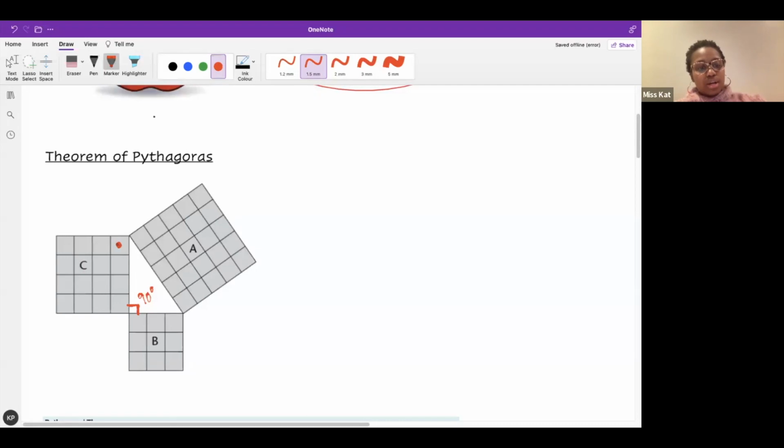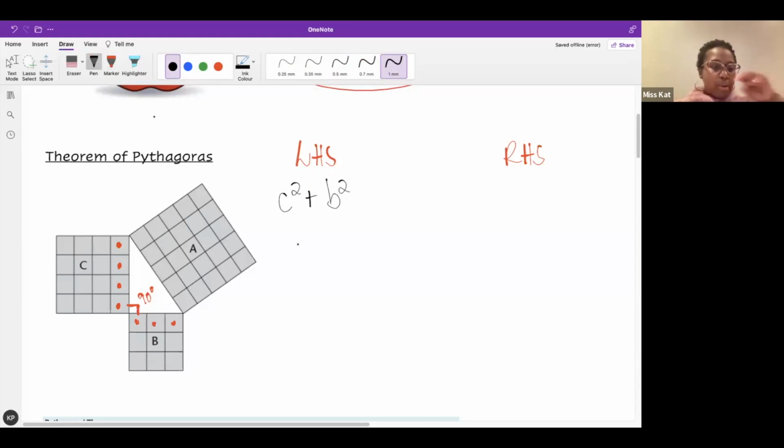So the shorter sides are C, and that is 1, 2, 3, 4 blocks. I'm on the left-hand side now, and this is the right-hand side. On my left-hand side, if you take C and you square it, plus B, which is 1, 2, 3, and you square it, how much is C squared?